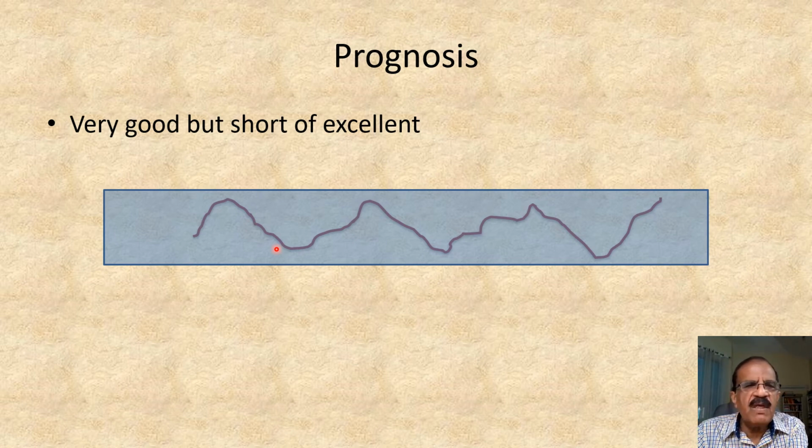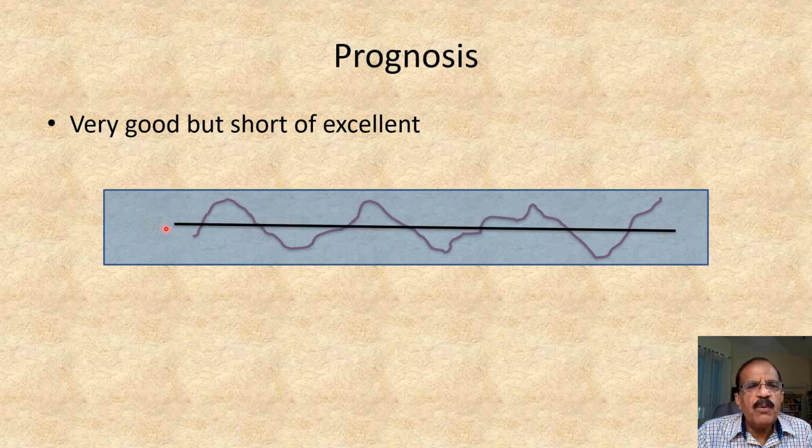But if we give thyroxine, then we produce a flat level. So if you have a flat level, then at this point thyroxine is normal, but it is less than what should have been in a physiological state. So you are practically slightly hypothyroid here.